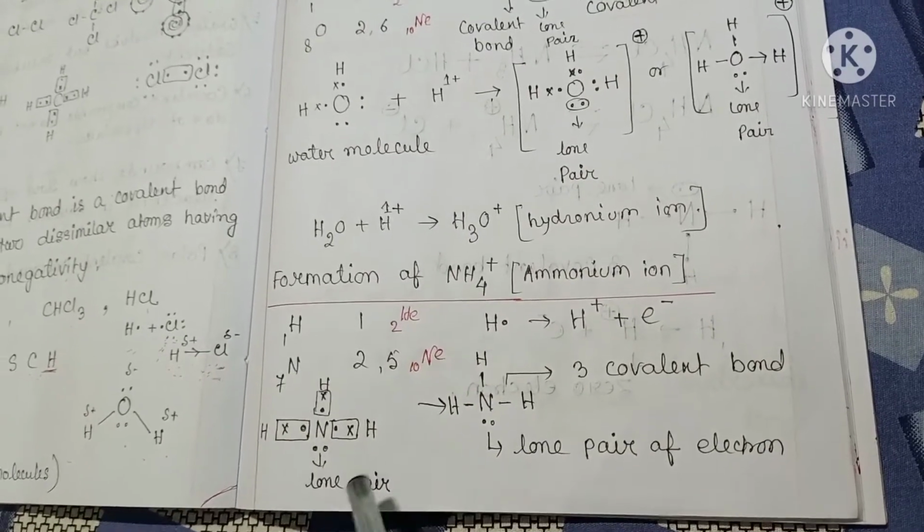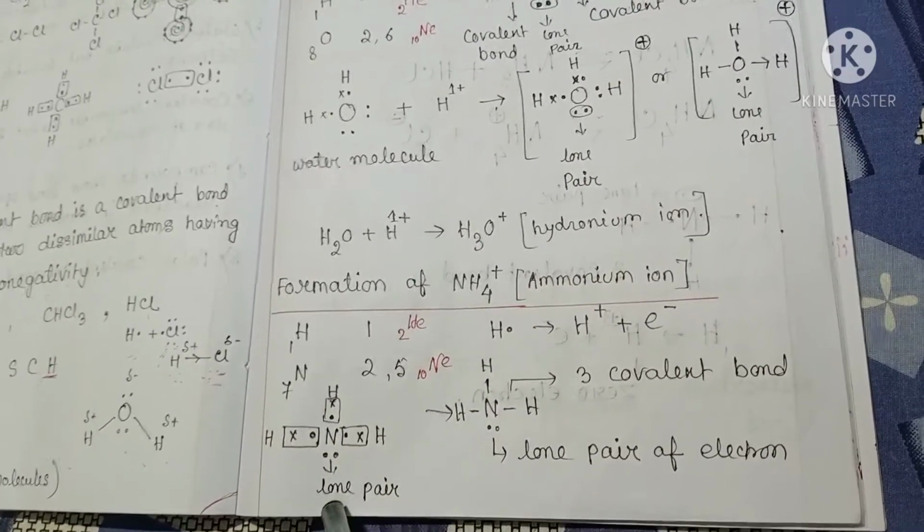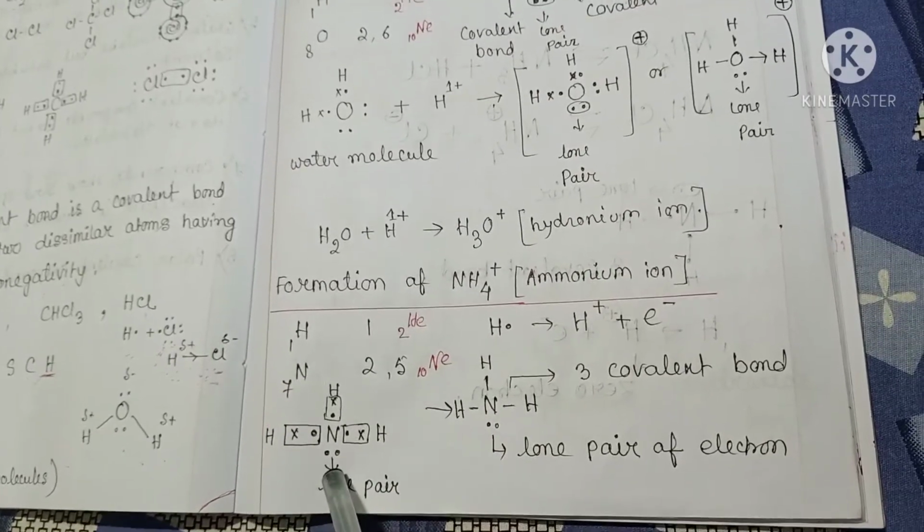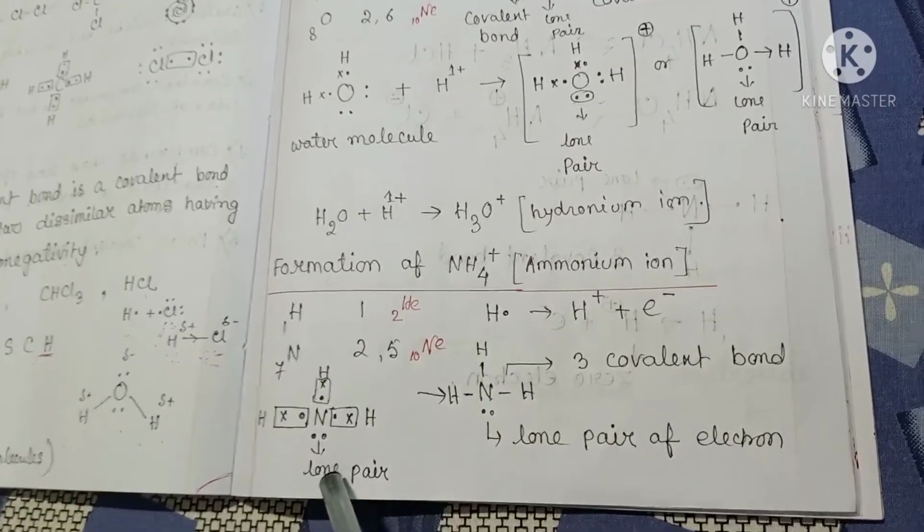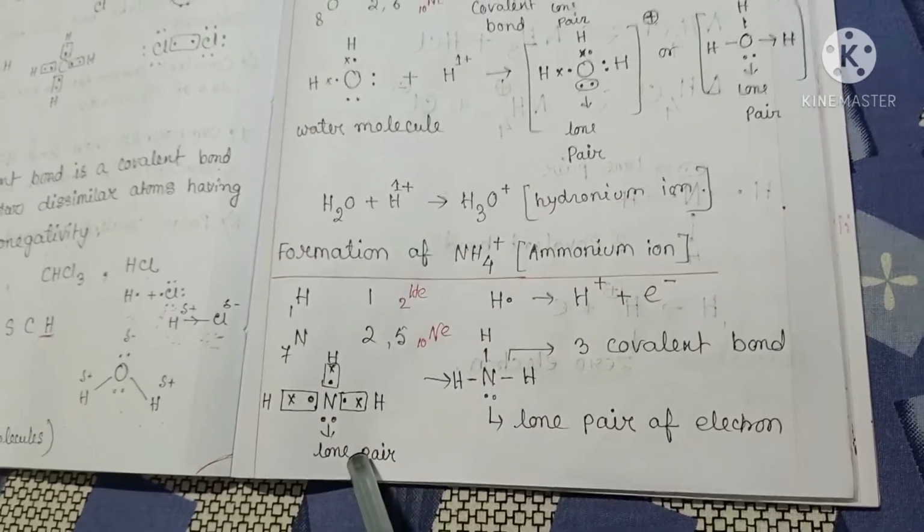So, in ammonia, the nitrogen atom contains a lone pair of electrons after completing its octet.